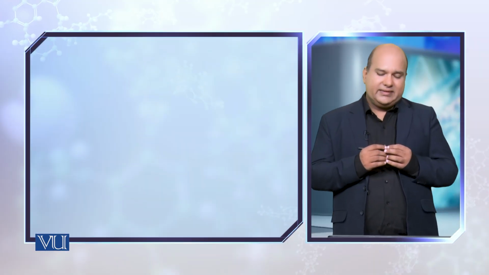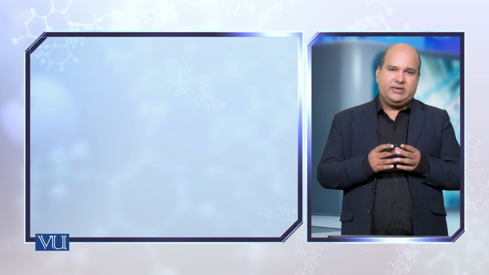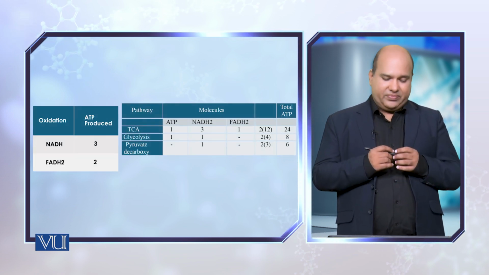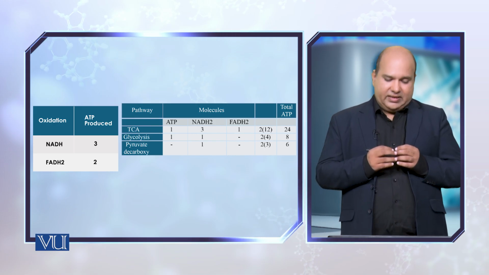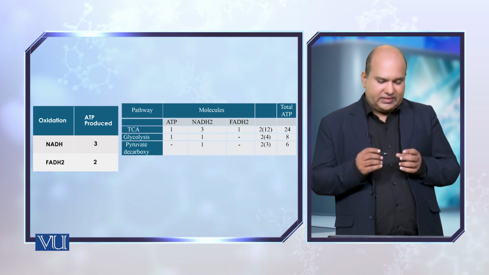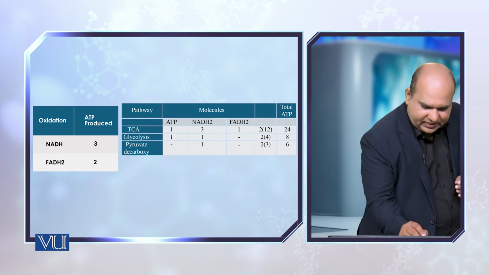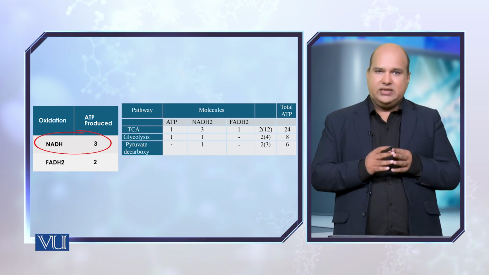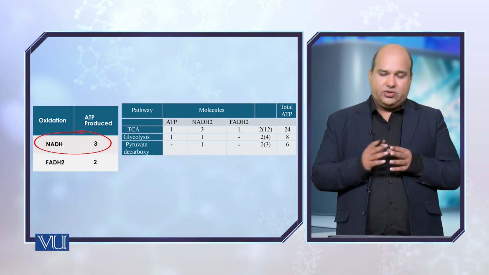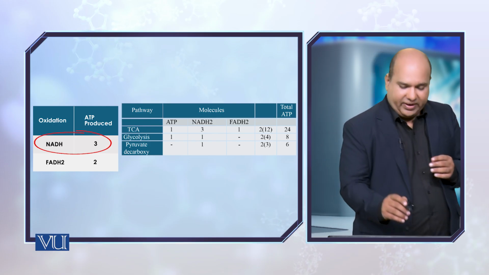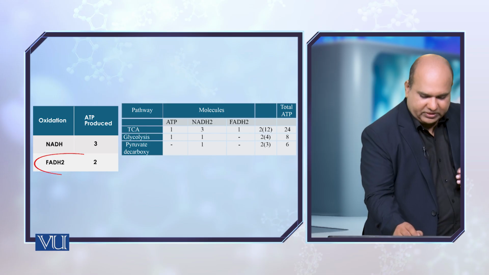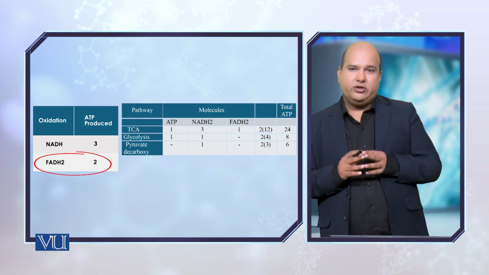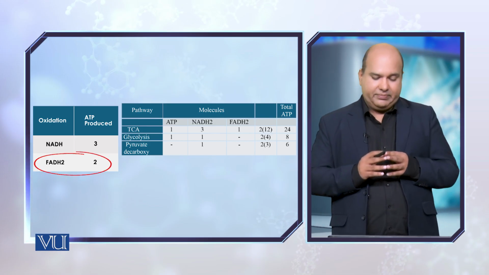Now let us see how much ATP is produced from TCA. Keep this in mind here, that 1 NADH gives rise to the formation of 3 molecules of ATP. 1 FADH2 gives rise to the formation of 2 molecules of ATP.